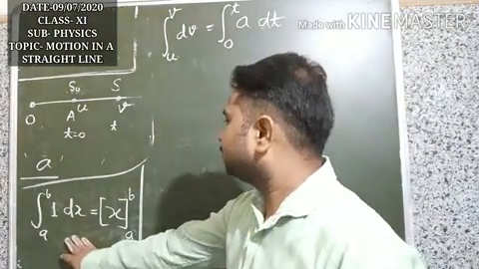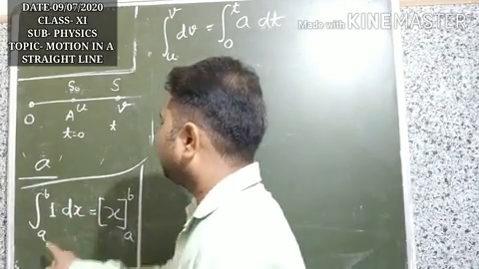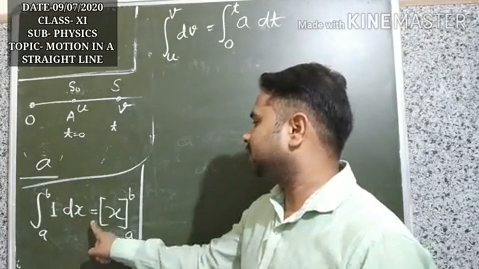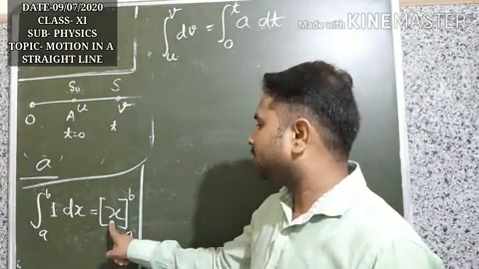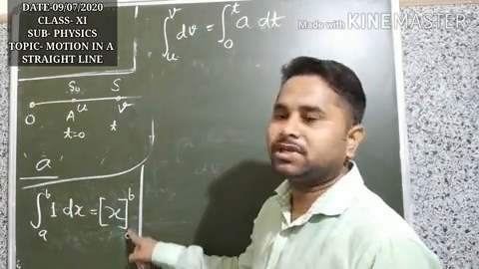Integration of 1 with respect to x, this is dx, is equal to x, and with the limits a and b, it will be applied by limits a and b.